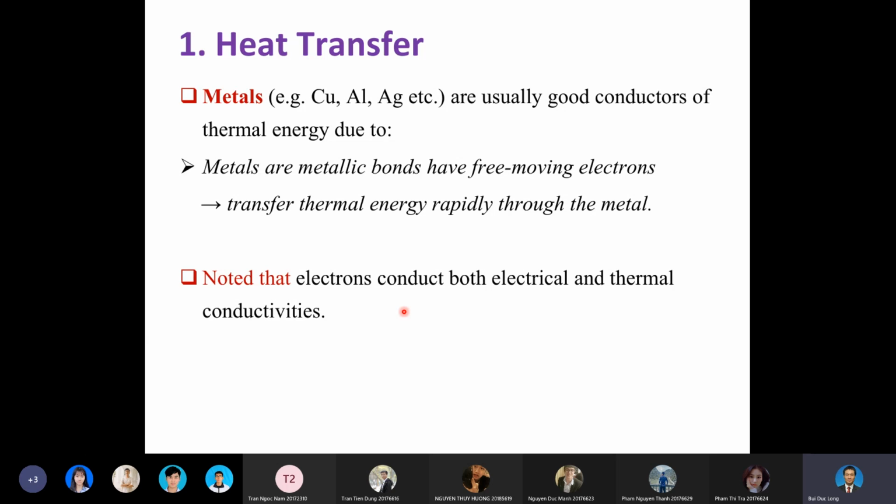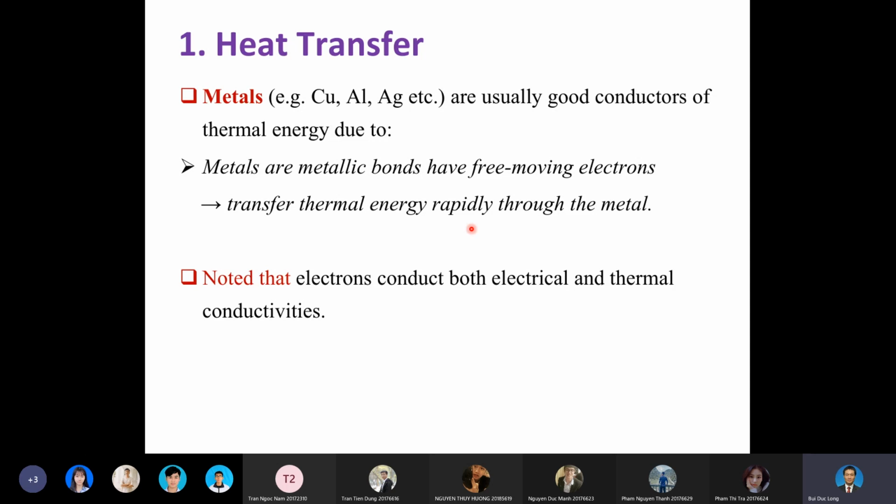Of course it involves the bonding. As I said, metal has free moving electrons, right? But ceramic has covalent bonding. They don't have free moving electrons.